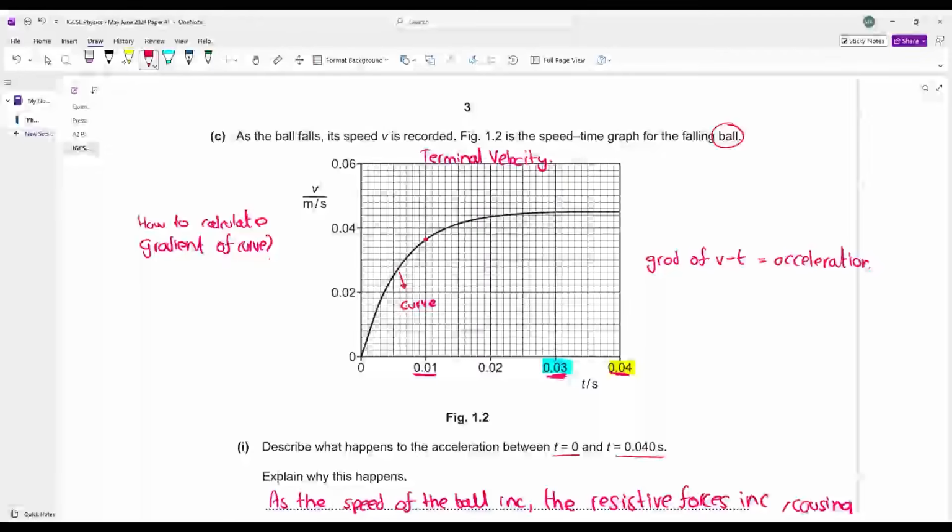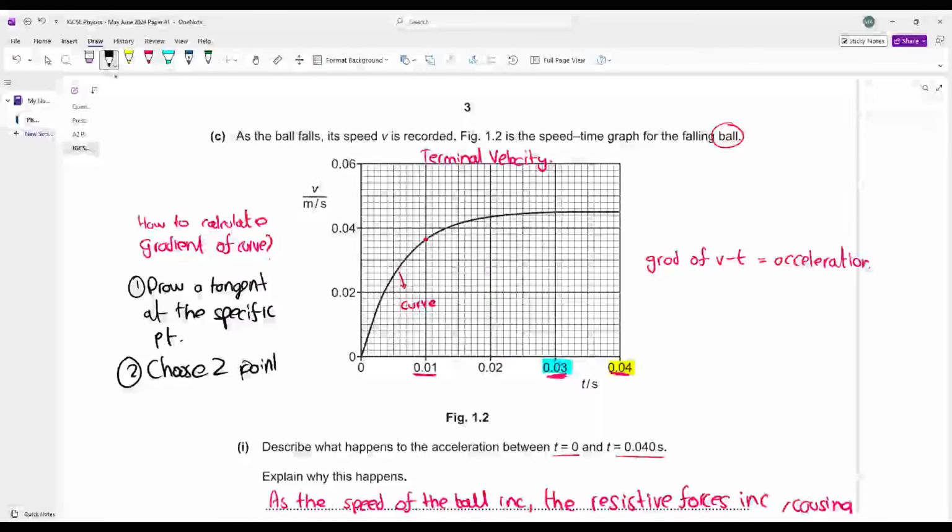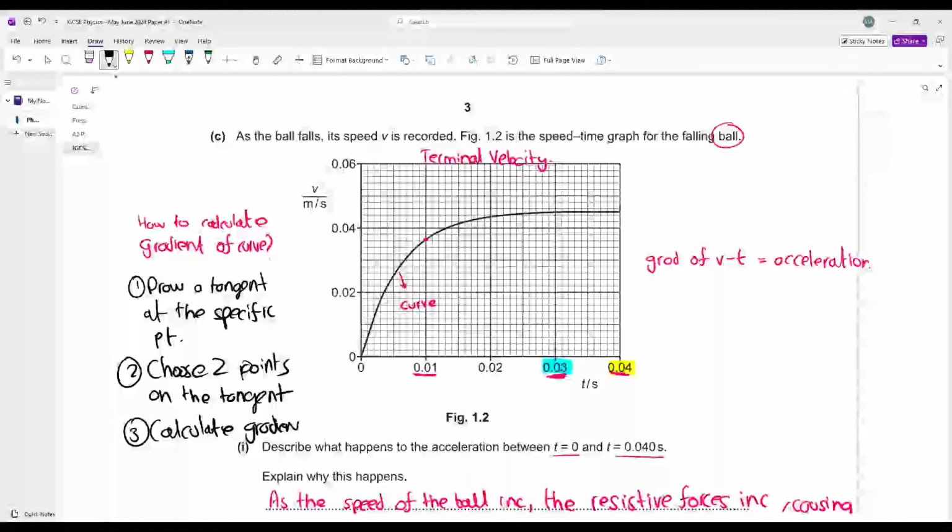Draw a tangent at the specific point, choose two points on the tangent, and calculate the gradient using those two points.